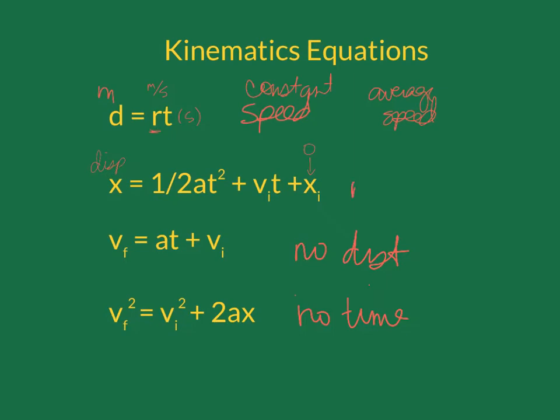And then this one has no final velocity. Okay, so when we go to solve our problems, what we're going to do is list all of our kinematics variables, and then we're going to read the problem and see where each one fills in.